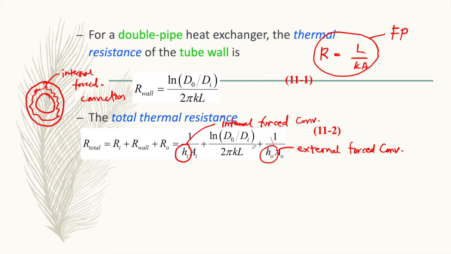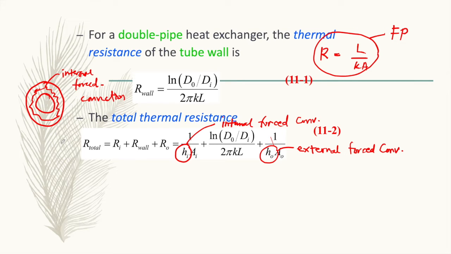For a double tube, both of these values fall under internal forced convection because H out is the annular space. If you refer to my previous videos on internal forced convection, you will notice that this annular space falls under internal forced convection. You don't have to worry because I will teach you how to calculate the heat transfer coefficient for the double pipe heat exchanger in the annular space.